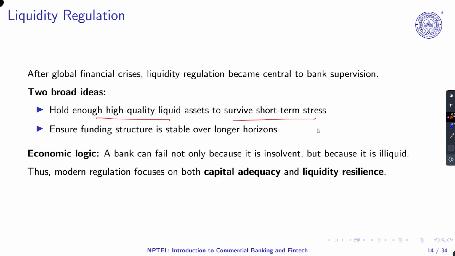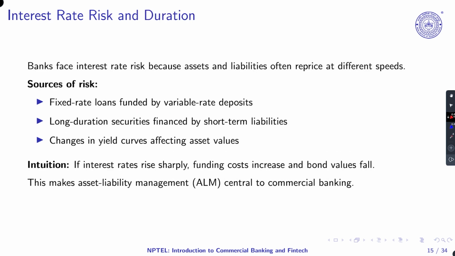For example, if they have common equity tier 1 of 1000 crore, and with some shock they incur a loss of 200 crore, then it will be easier for the bank to absorb that shock. This is what high quality liquid assets to survive short term stress means: they have higher cash in hand, and this ensures the funding structure. In the case of IL&FS, we saw that this was an important characteristic.